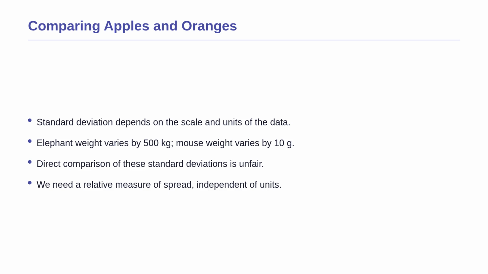But this is an unfair comparison, because an elephant is massively larger to begin with. Comparing kilograms to grams is literally comparing apples to oranges. To solve this, biologists need a way to measure relative spread, a metric that is completely independent of the units or the overall size of the subjects.